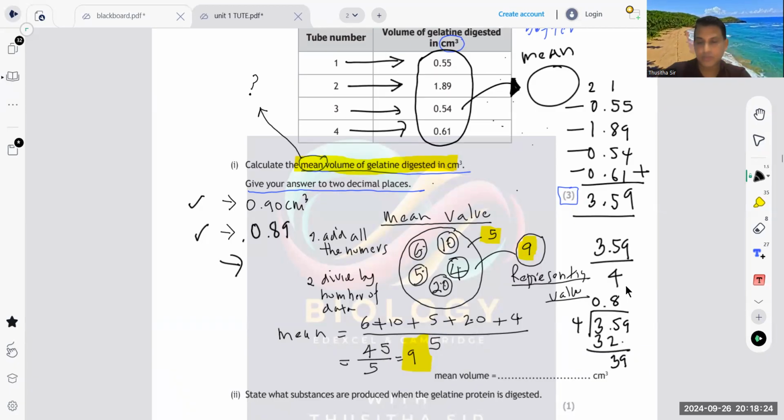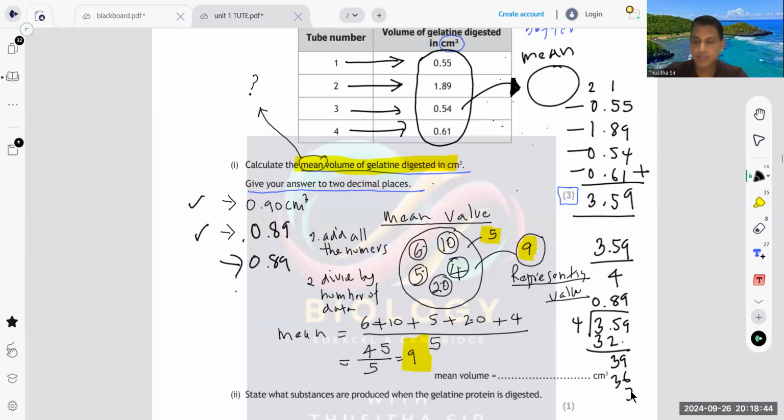Yes, I got 0.89. So 0.89 is the answer I got.